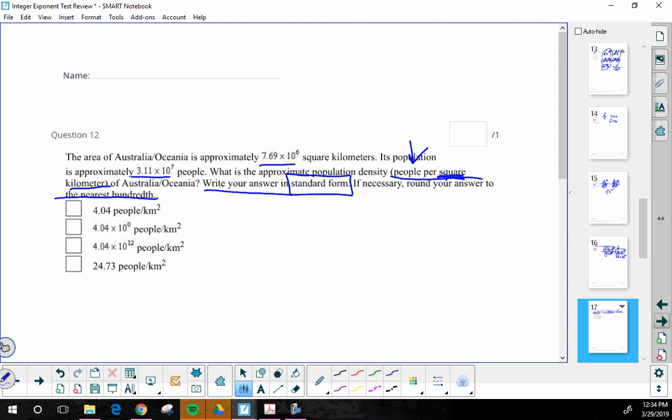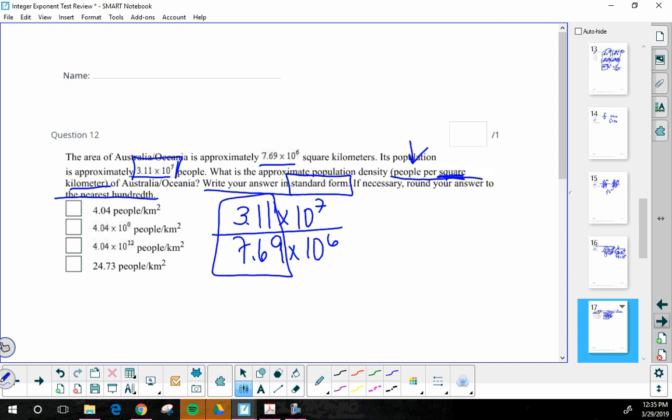So I'm going to look at the number that has to do with people, and that number is this one right here. People per square kilometer, so that's 3.11 times 10 to the 7th. The number that is relating to the land, 7.69 times 10 to the 6th. When I divide these in my calculator, I'm going to get 0.4044.